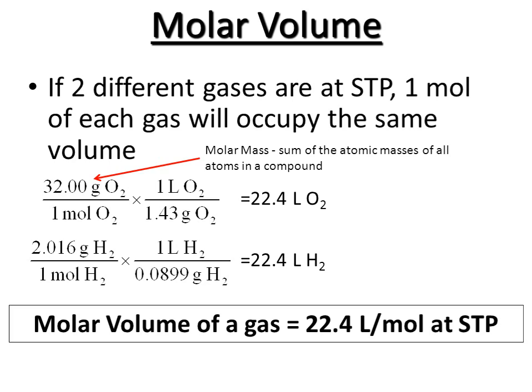That 22.4 liters per mole is only a valid value when our volume is measured at standard temperature and pressure. If it's not measured at standard temperature and pressure, then we need to use our other gas laws, Boyle's law, Charles' law, to correct the volume to standard pressure, standard temperature, in order for us to be able to legitimately use 22.4 liters per mole.